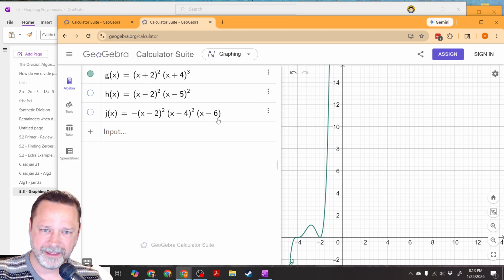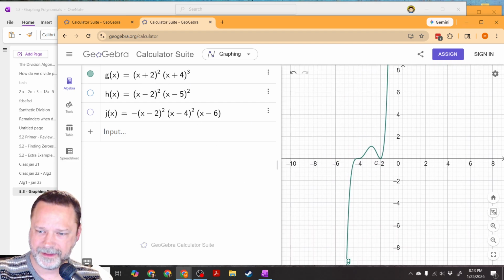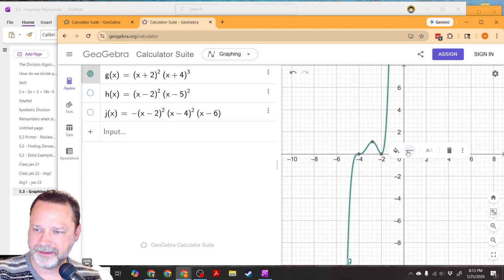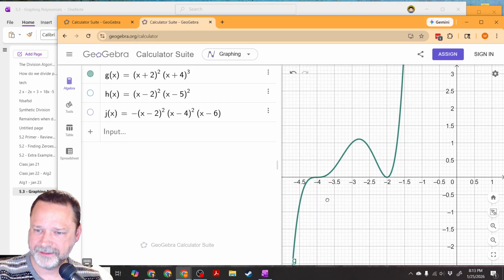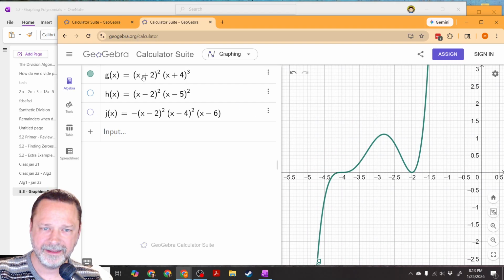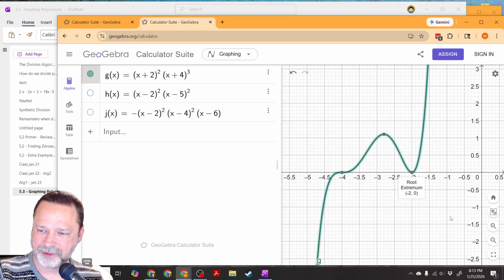And so you can see what happens here, and we can zoom in on this, is that multiplicity 2 at -2 does give us a root. It does give us an x-intercept, but it doesn't cross. It just touches and then comes back.